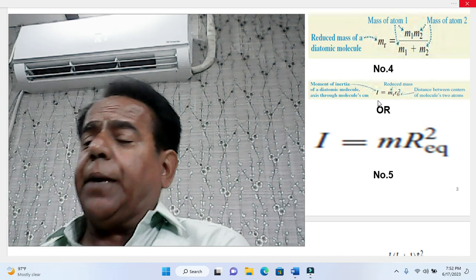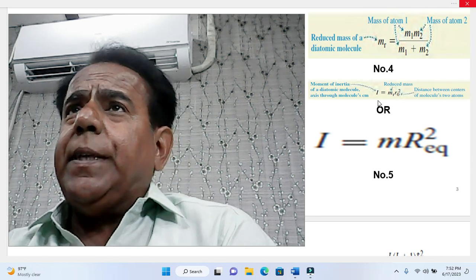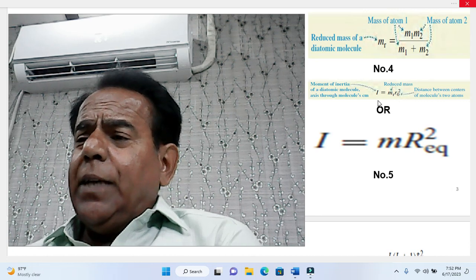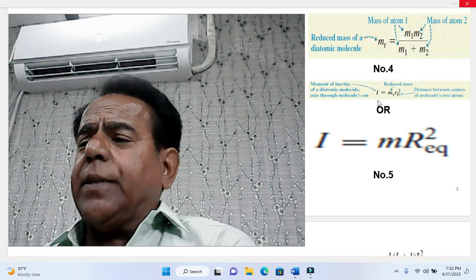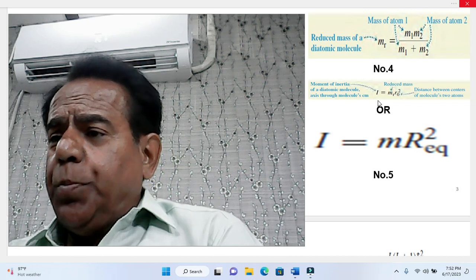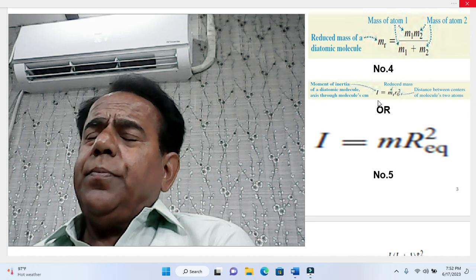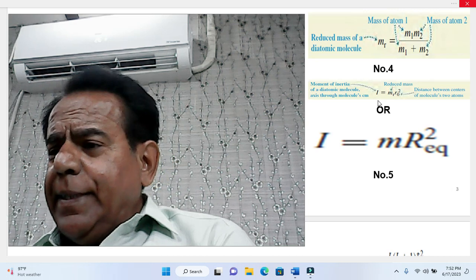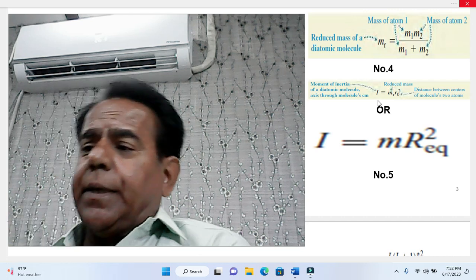Or, dear students, this helping tool has been given in two different versions. Okay, the other version is also 100% the same, the only difference is the notation. So we can say that the moment of inertia of a diatomic molecule can also be expressed in this alternate form, that is I is equal to m R_eq squared.